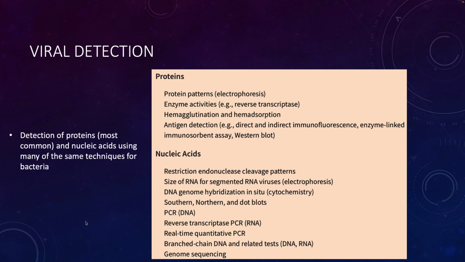Most commonly, when we're trying to detect a viral infection, we are looking for proteins. And these could be either viral proteins, or we could be looking for the host to have produced antibodies, proteins, in response to the viral infection.